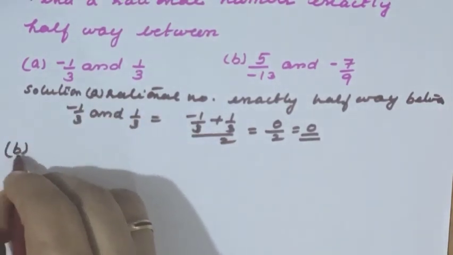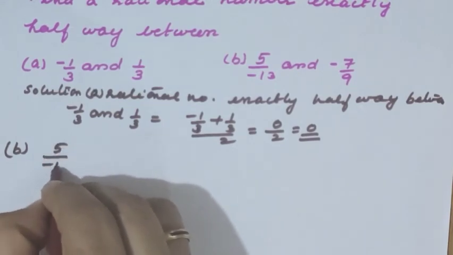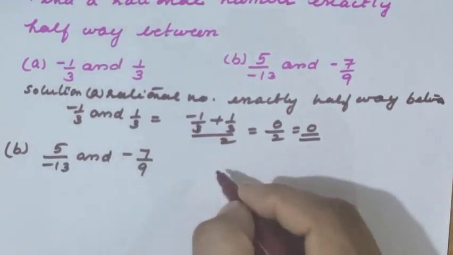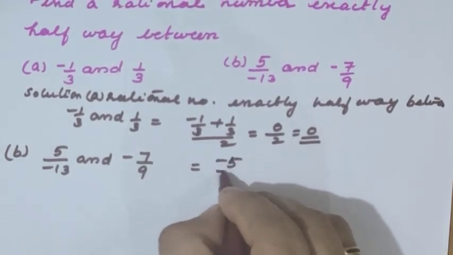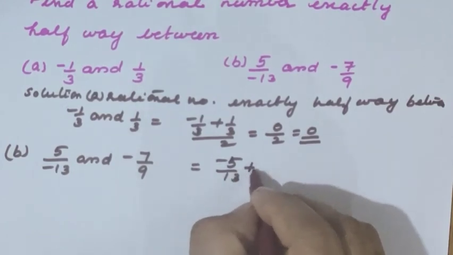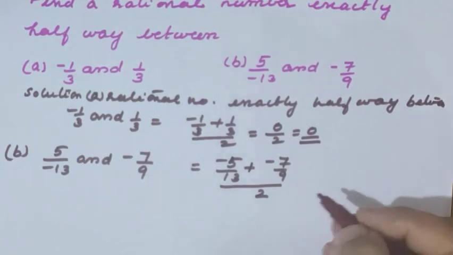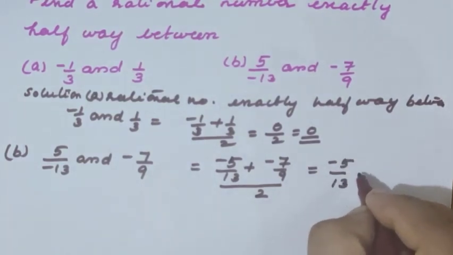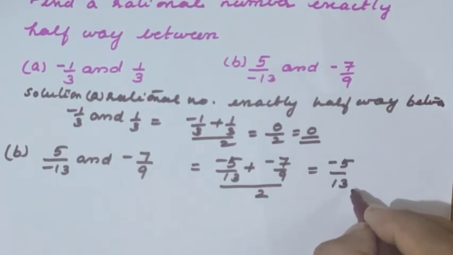Now the second question, halfway between 5 by minus 13 and minus 7 by 9. So equal to, 5 by minus 13 means minus 5 by 13 plus minus 7 by 9 whole divided by 2, right? So minus 5 by 13, what is the LCM now? 13 into 9, right?